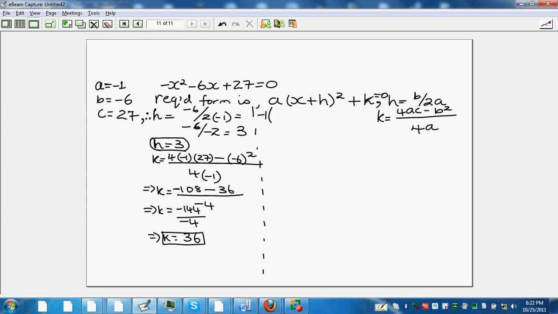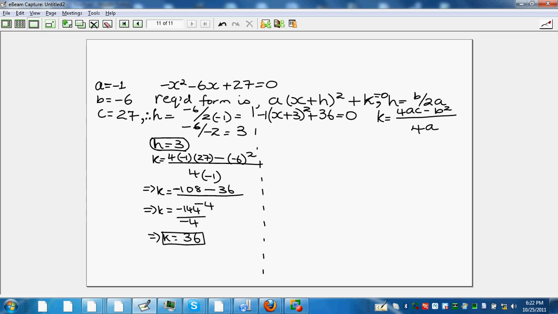Minus 1 into (x plus h). We know h is 3, so it'll be (x plus 3) squared plus k. What is k? k is 36. So we put plus 36 equal to 0.